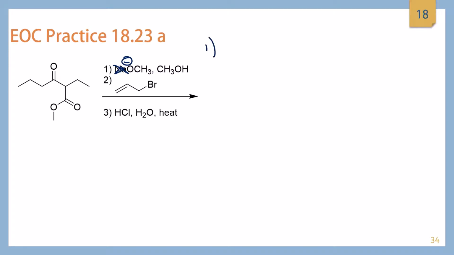After step 1, you're going to have an enolate. And then in step 2, you're adding in an alkyl halide, or an alkenyl halide actually. So this is going to be a substitution reaction.